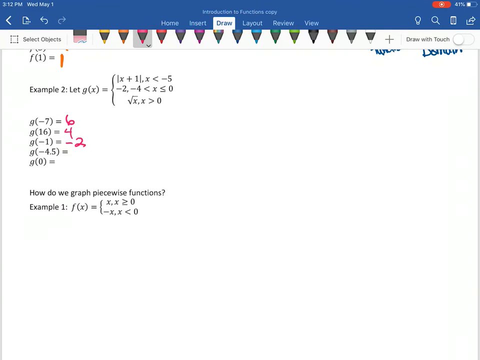If you notice, there's a gap between this interval and this interval, between the -4 and the -5. So there is no piece that covers between -4 and -5. So when you have something like this, where there is no value, you would just put DNE or undefined.